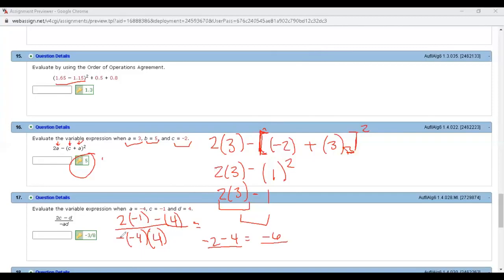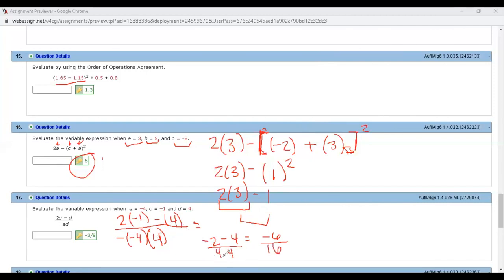So here we got -4. So I'm just going to write that as a +4 times 4. So you don't really have to write that plus sign, but just want y'all to know that a negative times a negative is a plus. So we got 4 times 4, which is 16.